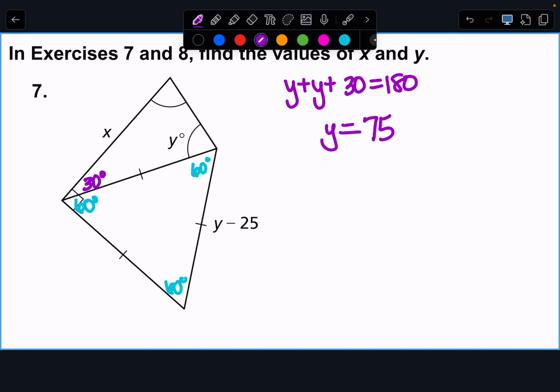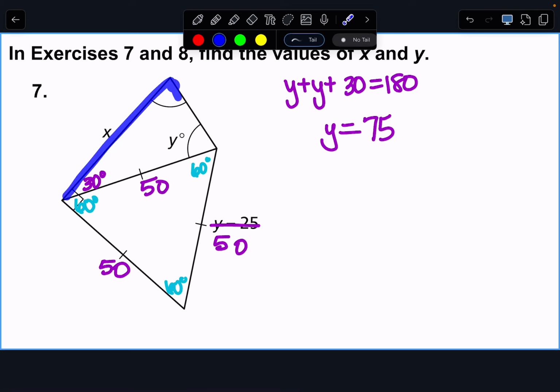Yes, miss. Okay. Now, if y minus 25 is this right here, then wouldn't this be 50? And this is 50? And this is 50? Okay, hey, what kind of triangle is this right here? That's not isosceles. Okay, so if this is 50, that's it. x is 50.